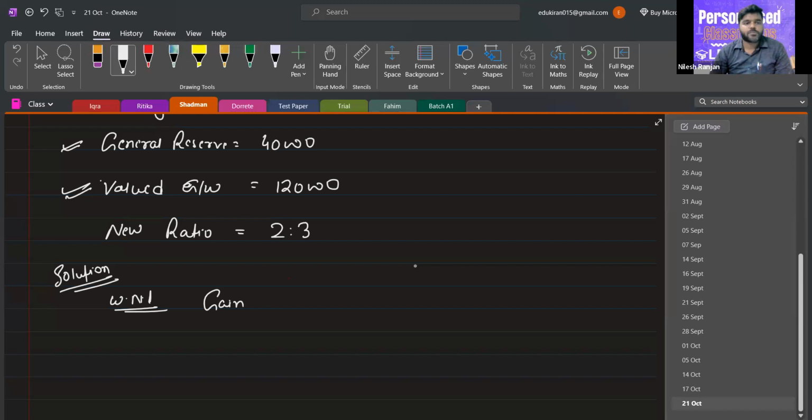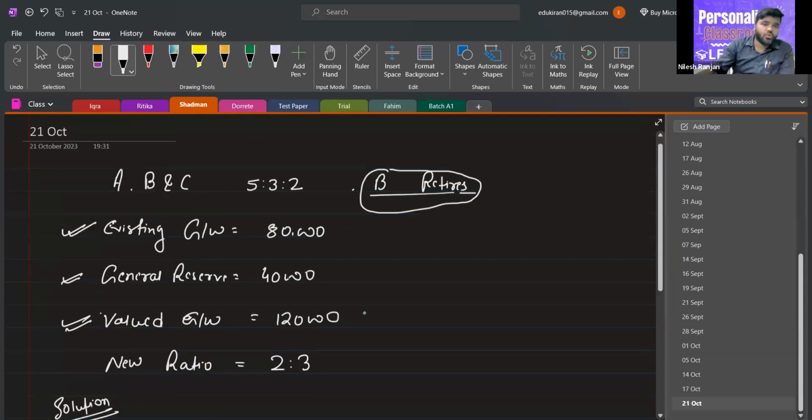In retirement, generally the case is related to gain, that's why we always calculate gain. But at the time of admission, most of the time it is sacrifice, that's why we calculate sacrifice in admission. Now, who retires?